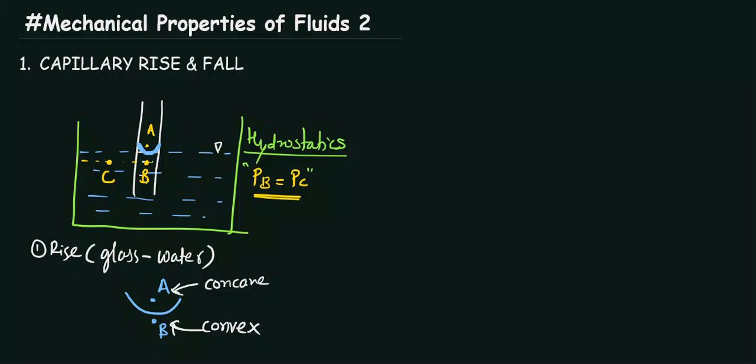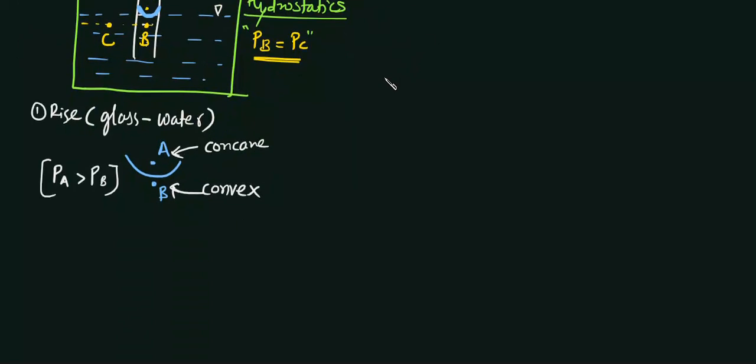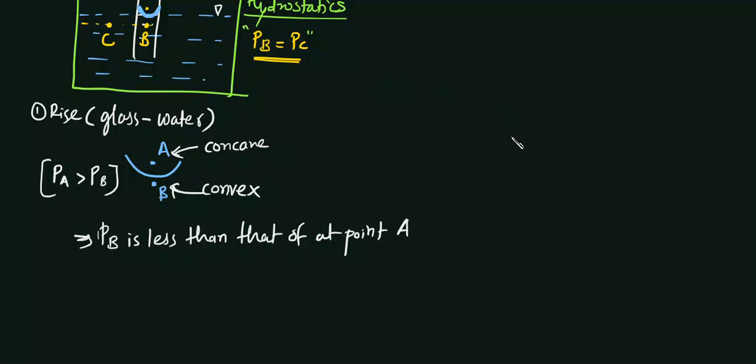This is the concave side, this is the convex side. So you must know that PA is greater than PB. What it means is that the pressure at B is less than that at point A. You should remember this.